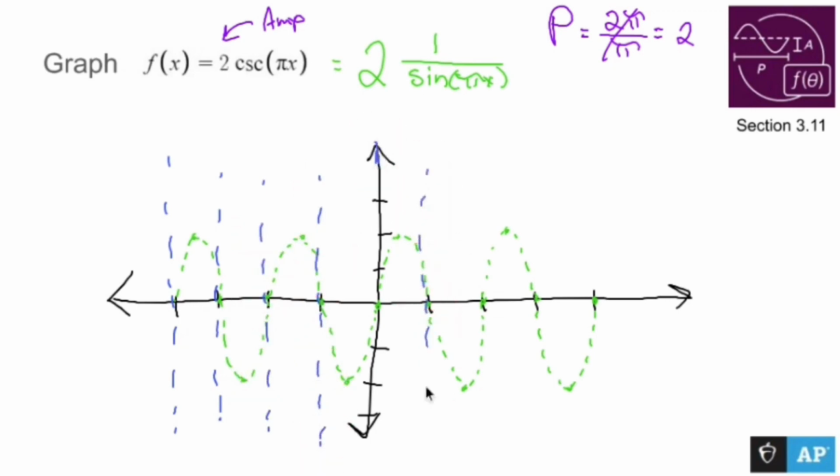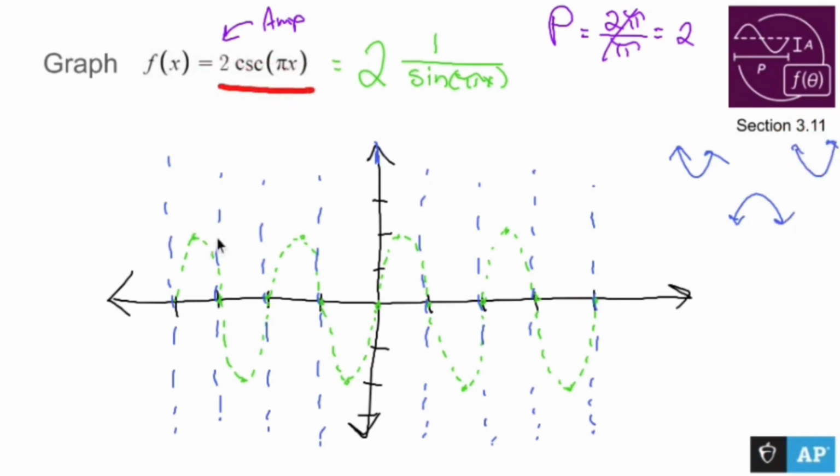the next thing I'm going to consider is the fact that this is a cosecant function, which looks like alternating parabolas. Cosecant functions look like this. Usually it starts at 1 and -1, but since the amplitude is 2, these guys are going to start at 2 and -2. So my final graph is going to look something like this.